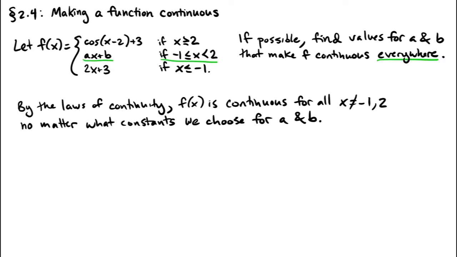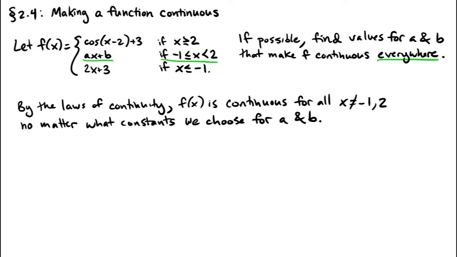Whenever x is not on the borderline between two formulas, then the laws of continuity tell us the function is continuous, regardless of a and b. A and b are just going to be some numbers, so on the second and third portions, the function is a polynomial, and in the first portion, it's a composition and a shift of some functions we know to be continuous.